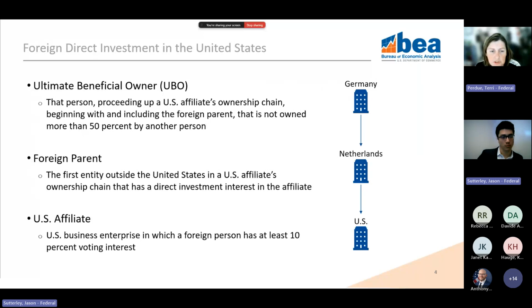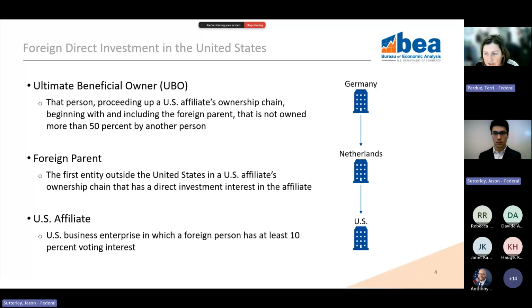To better understand the language used in discussions of FDI, we have a short example to share. Starting at the bottom of the slide is a U.S. affiliate. It's a business enterprise in which a foreign person has at least 10% voting interest. As we move across the border, the foreign parent is the first entity outside the United States in a U.S. affiliate's ownership chain that has a direct investment in the affiliate.